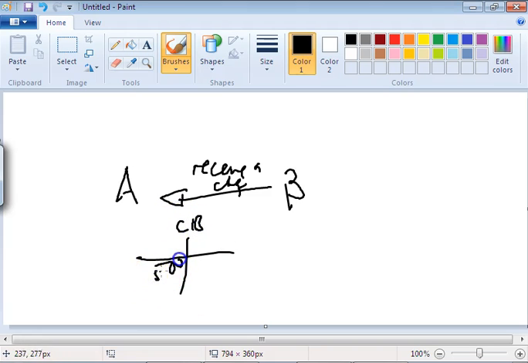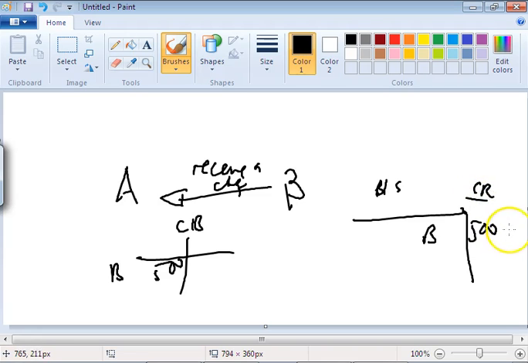Say the check is for £500. You receive the check from B, no problem. And here's your bank statement: 500 from B as a credit. Of course, the money's gone in.